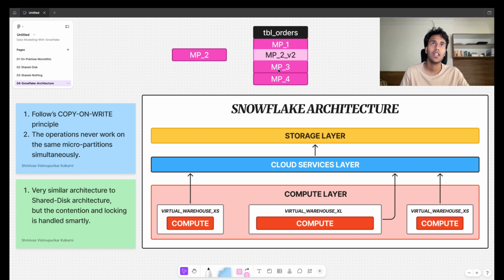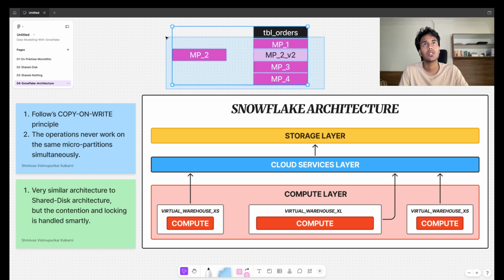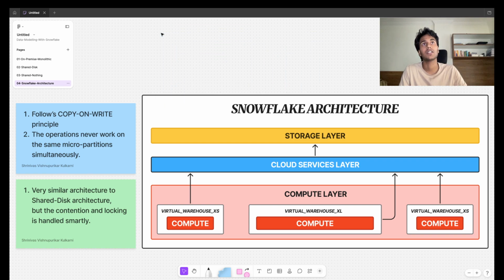Because you can create as many micro partitions as you want, and this is not something you create on your own, this is something that Snowflake does internally. So this is by far, I would say, the smartest implementation of how shared disk architecture can be revamped to be much more scalable at large scale.